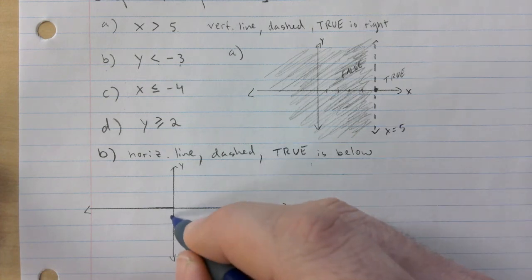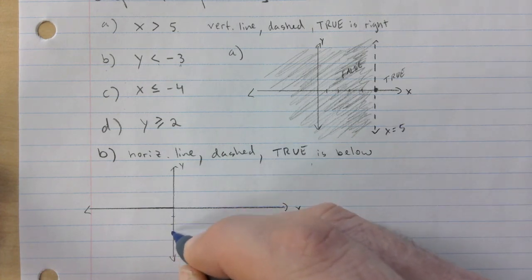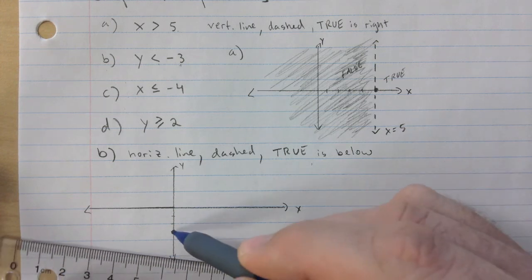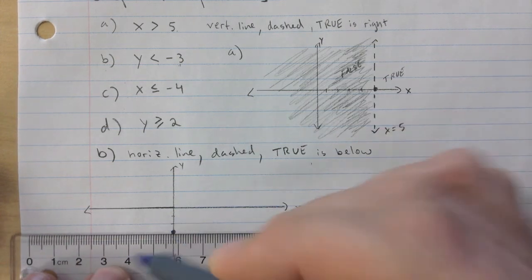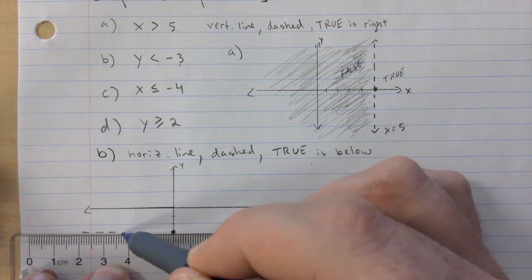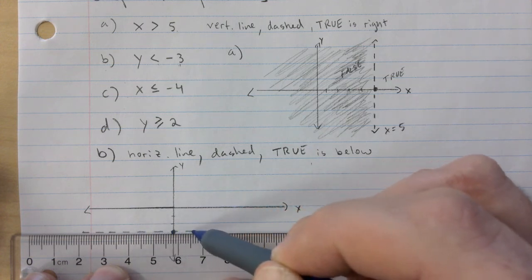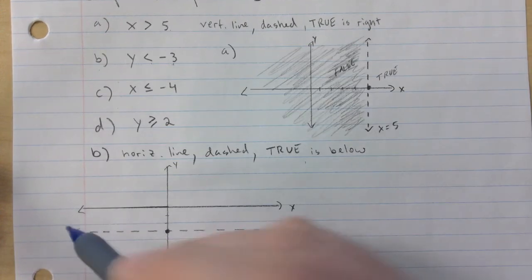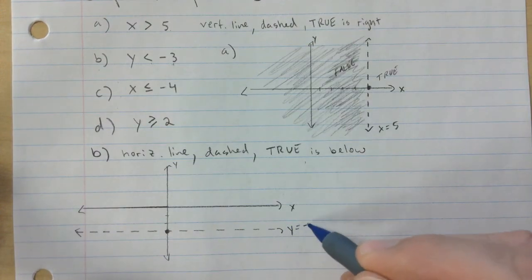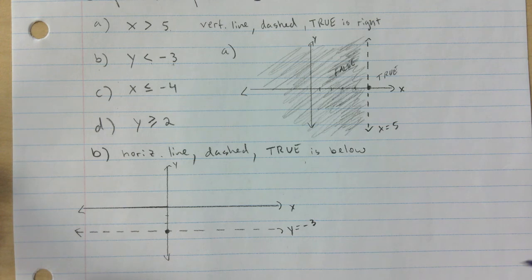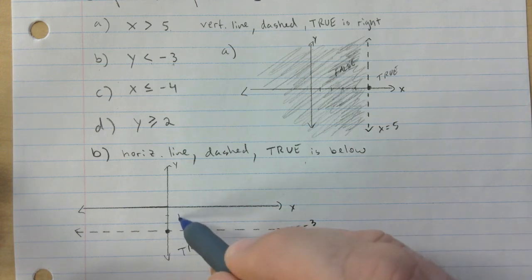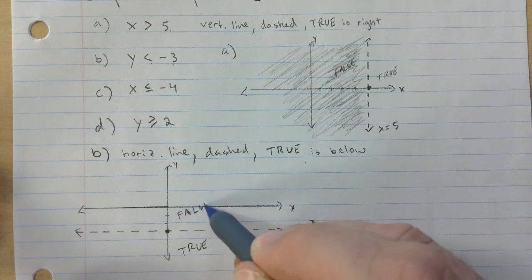And -3 would be 1, 2, 3. It would be right here. And it's dashed, remember? y is equal to -3. True is here. That means that this is false up here.